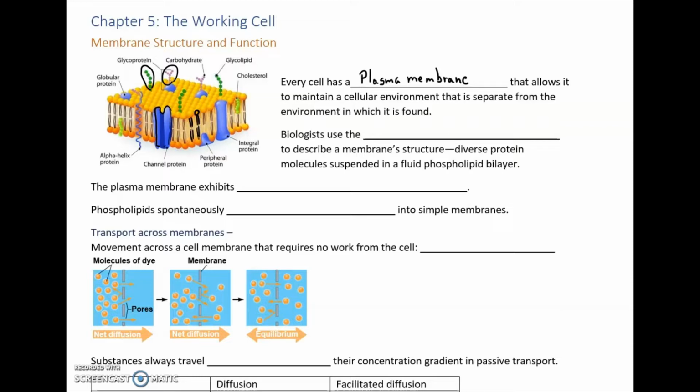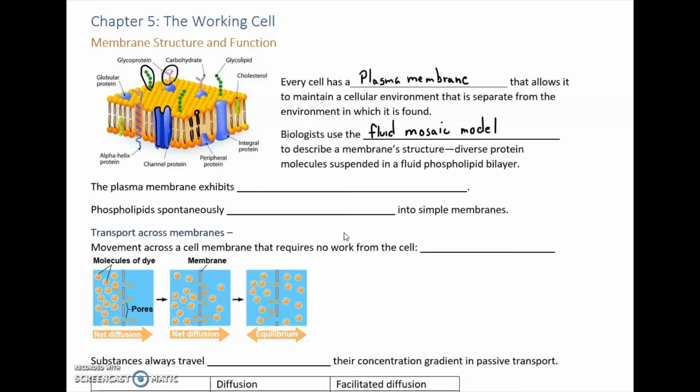So this model is called the fluid mosaic model, because these proteins can be seen as being suspended or floating in a fluid phospholipid bilayer. So the proteins will bob around and move around within the membrane.